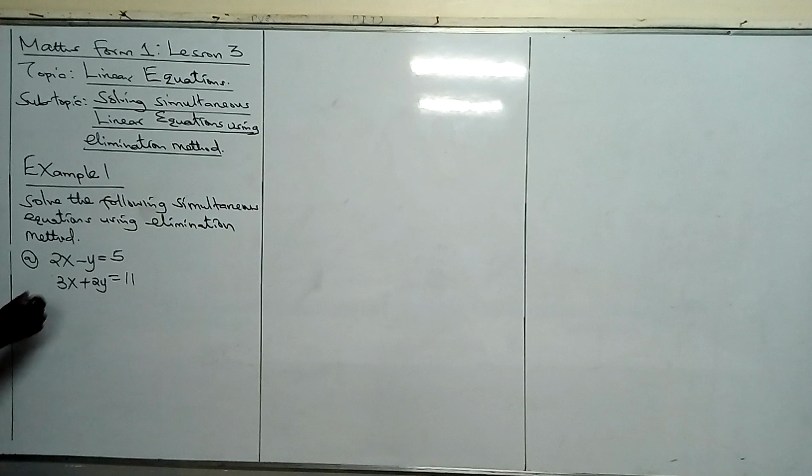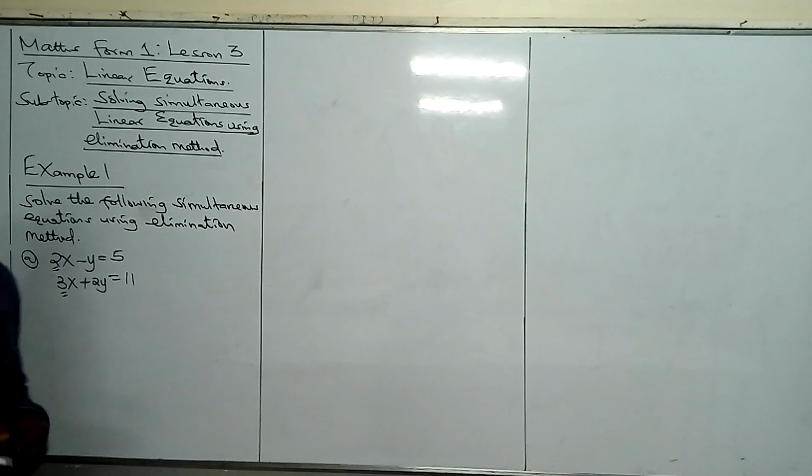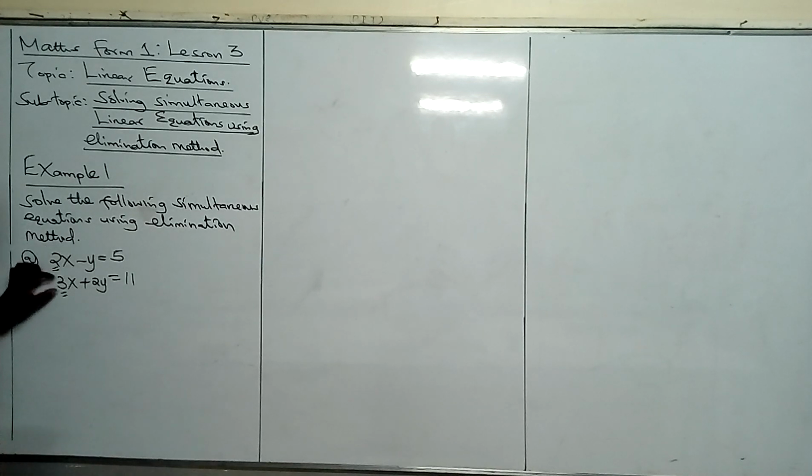Behind this x we have 2, behind this x we have 3. 2 and 3 are not the same, so they should be made equal. How do we make the coefficients of x equal?